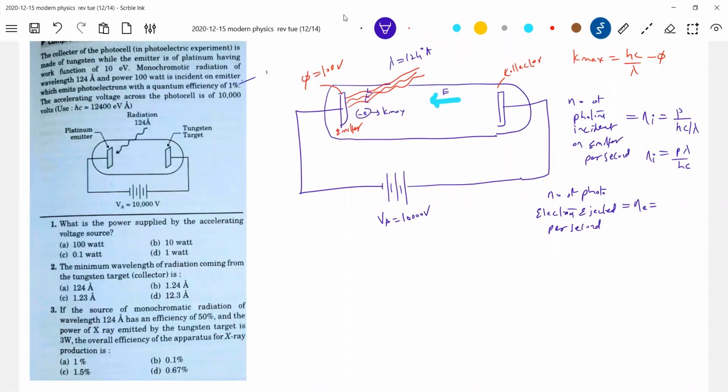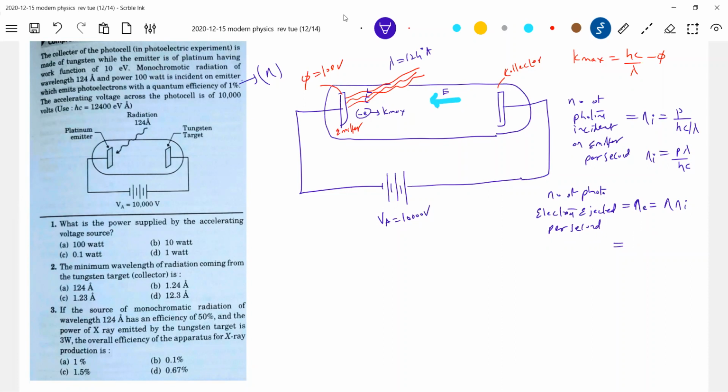I'll write eta as the symbol, since everywhere we use the same symbol. So this should be 0.01. Later on, you can substitute all the formulas. Let me explain: this is the number of photoelectrons ejected by the plate per second.